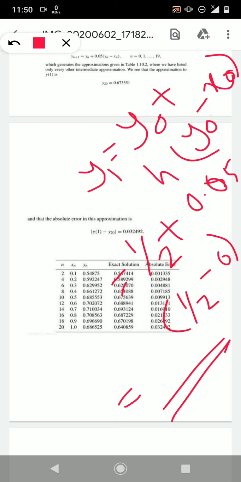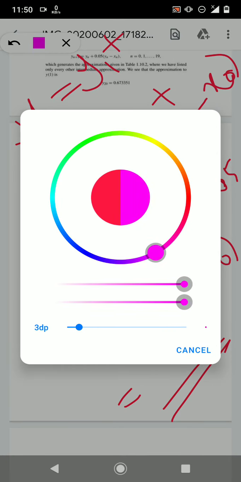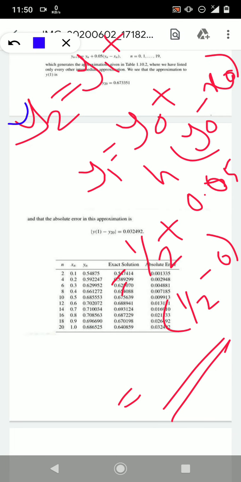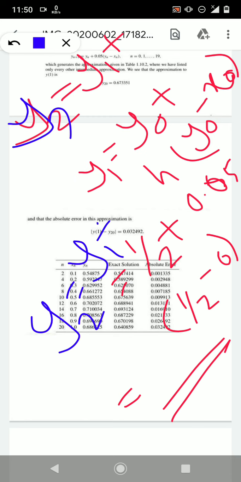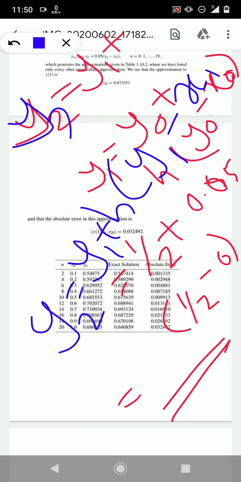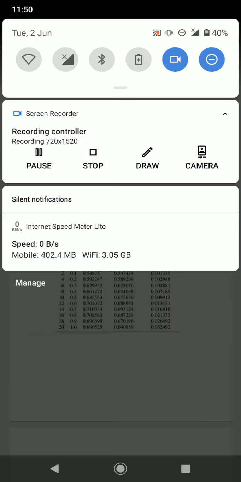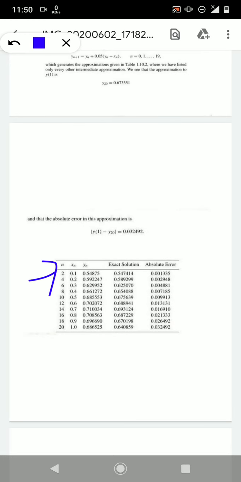And y2, again similarly, y2 is equal to y1 plus h into (y1 minus x1), which is equal to the first approximation.